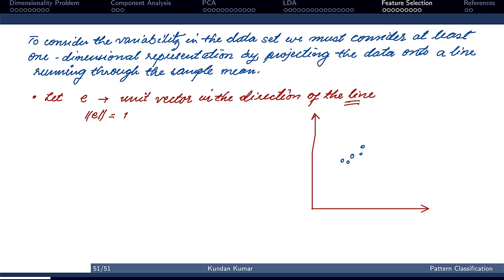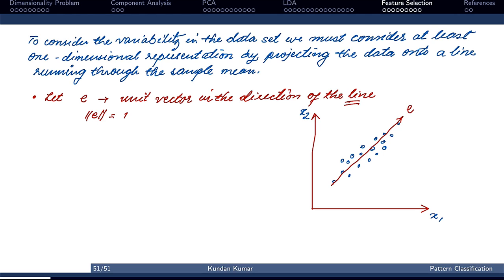So the set of data are something like this in the two-dimensional feature space. This is the two-dimensional data. Then we want to map this two-dimensional data to a one-dimensional representation. So we have to project the data onto a line, and that line will be something like this, and this line is in the direction of E, that is the unit vector in the direction of the line.